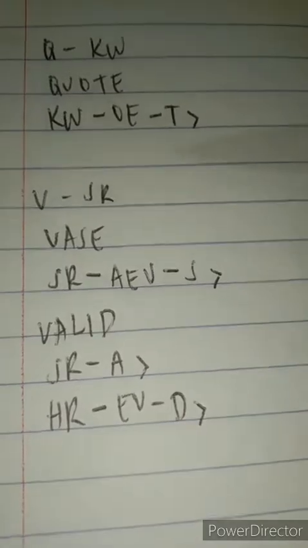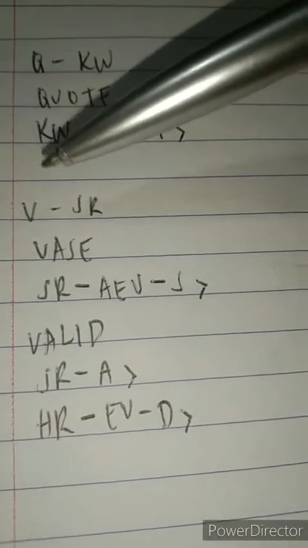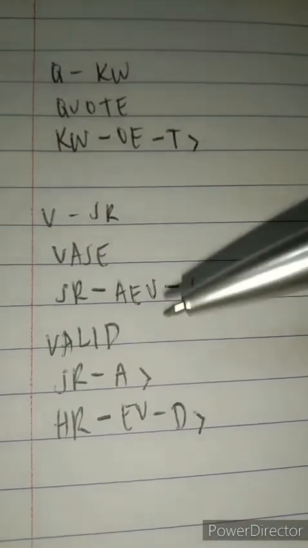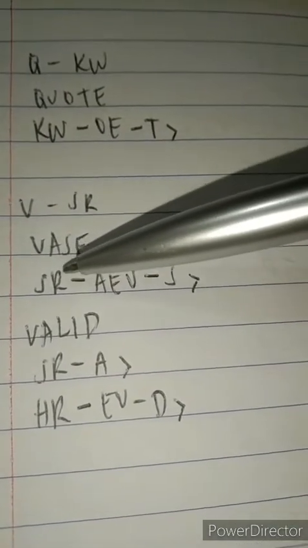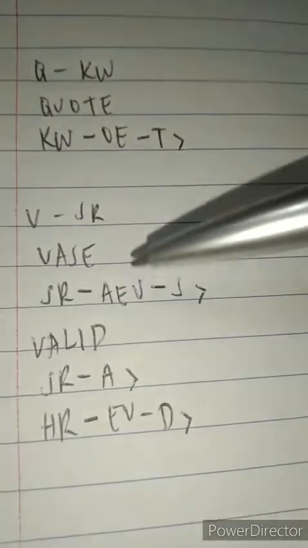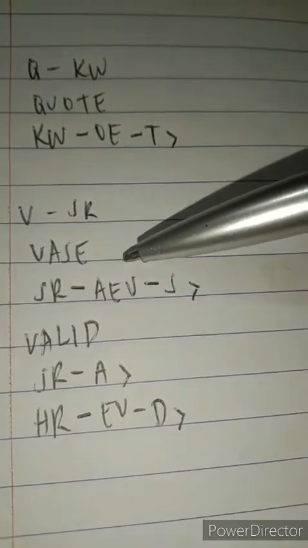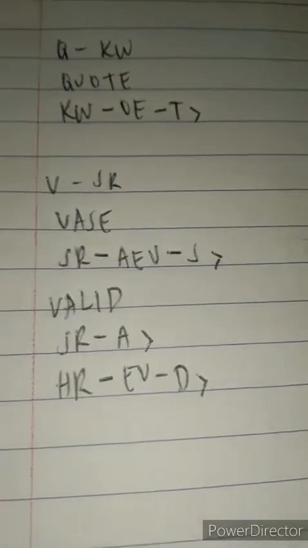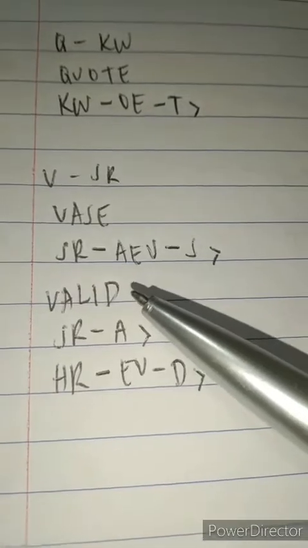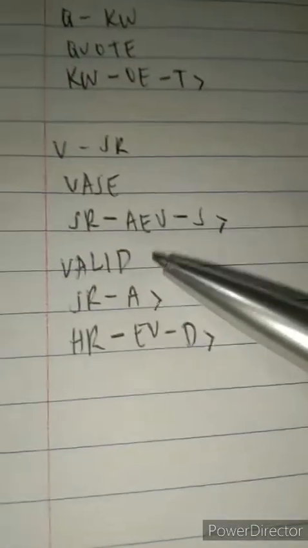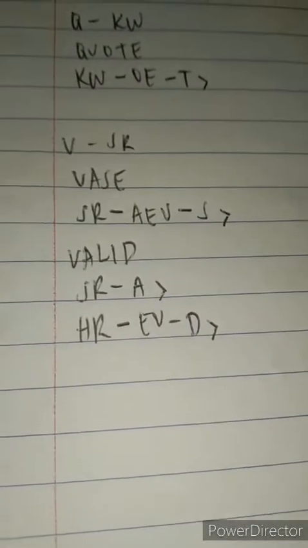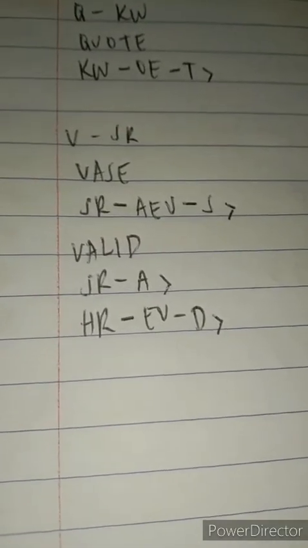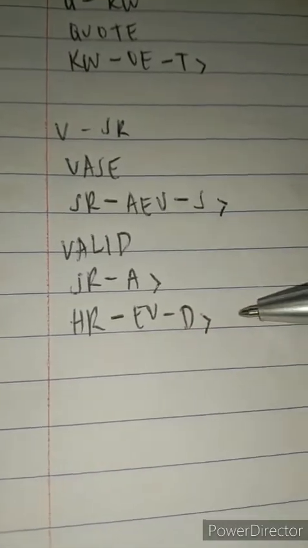Next is the letter V. V is represented by S and R. This example, vase, SR for V, and then vowel letters A, EU, and then ending letter S, and then release. And the next example is the word valid. It has two syllables, so we separate each syllable, va and then lid.